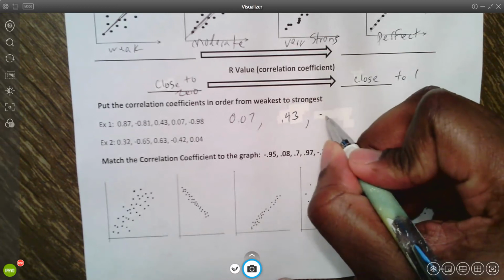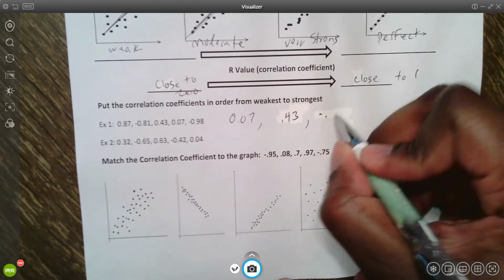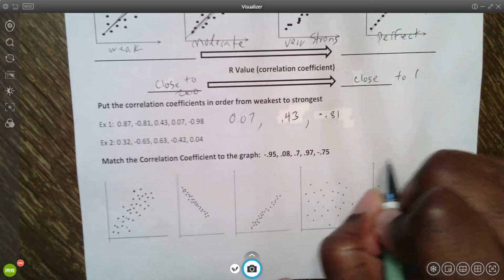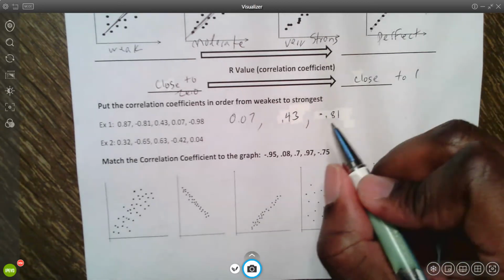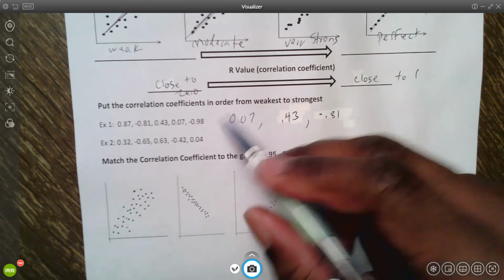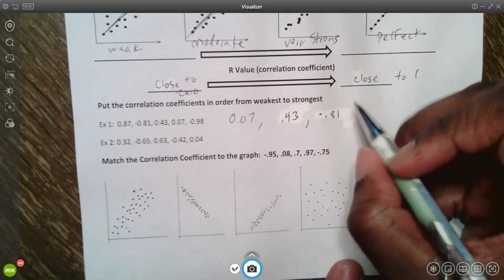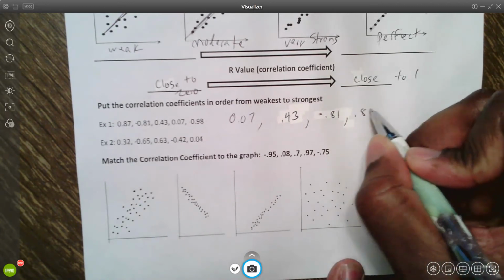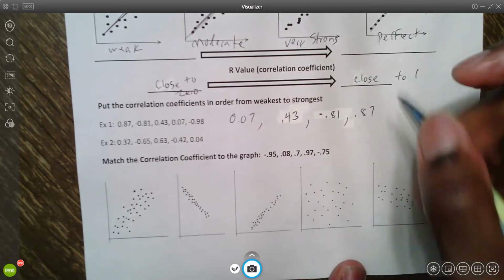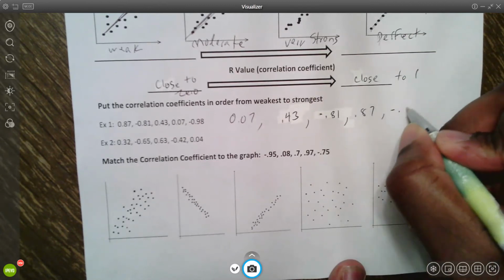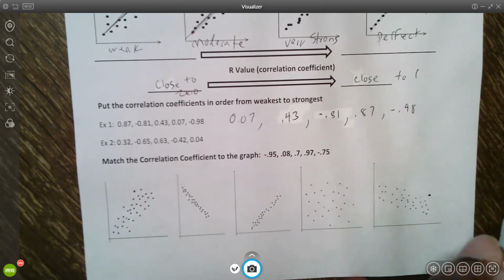Keep in mind, you're not talking about the actual number on the number line, but which one is closer to either positive one or negative one. And that one's not as close to positive one as 0.87 is. So 0.87 is the next number up, and the last one is negative 0.98. So that would be listed in order from weakest to strongest.